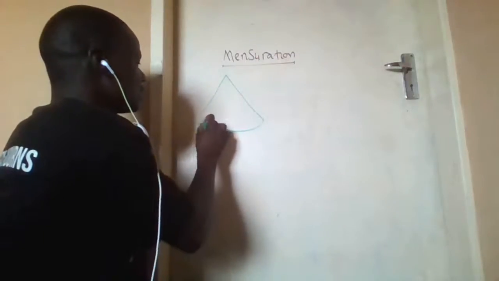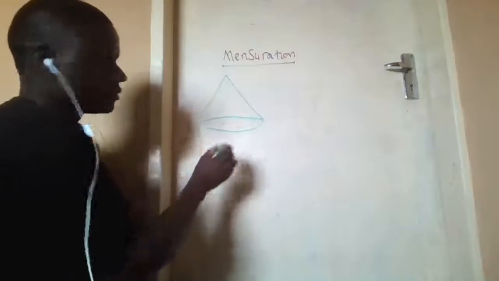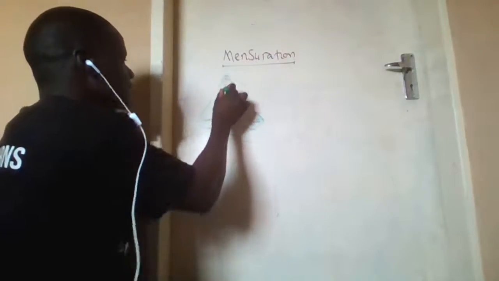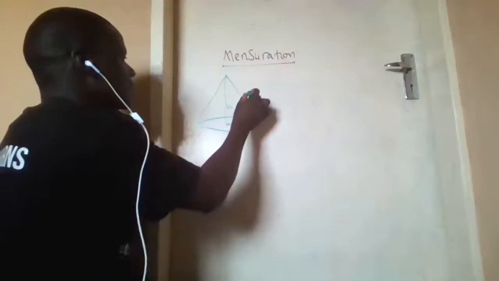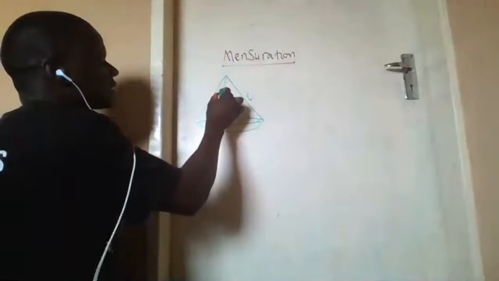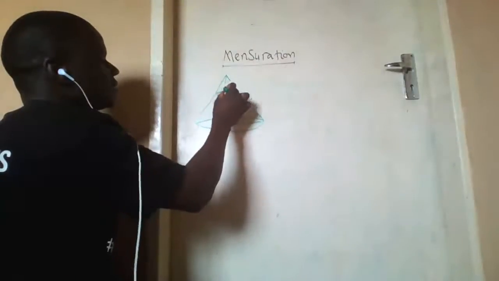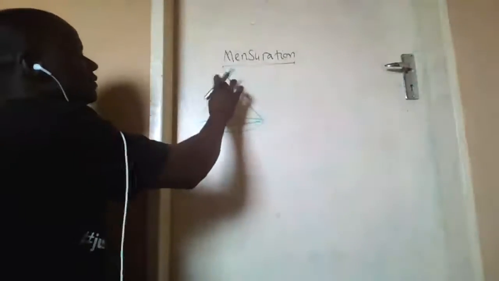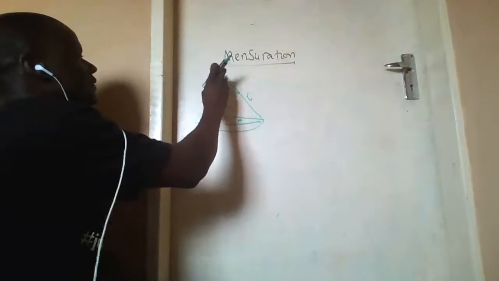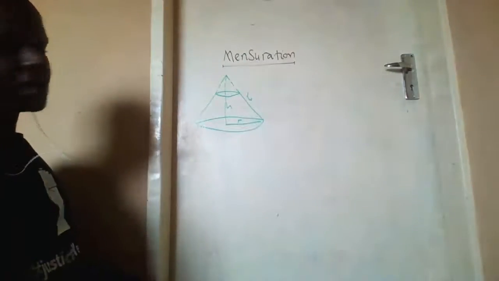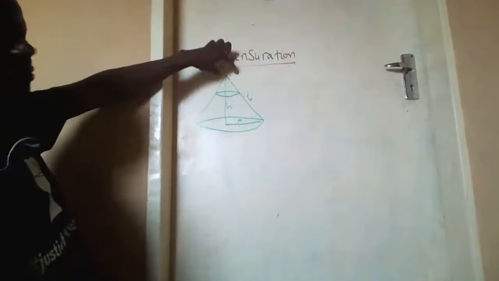If this is your cone like that, whose features, this is the radius, this is the height, and this is the L. So now if this cone was sliced from the top, if this top part was removed, we're going to have this figure having the top part in hidden details. Okay, we're going to assume that this was a complete cone.